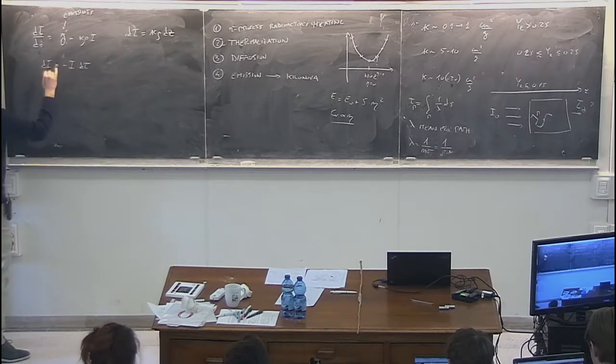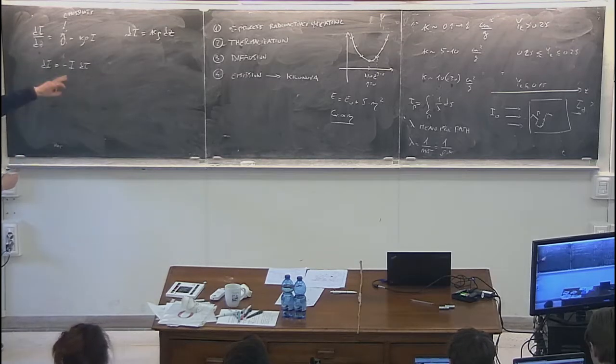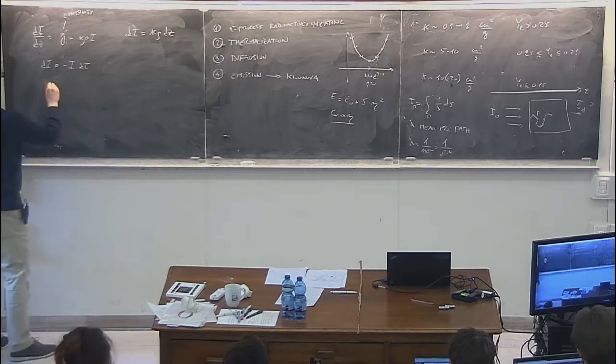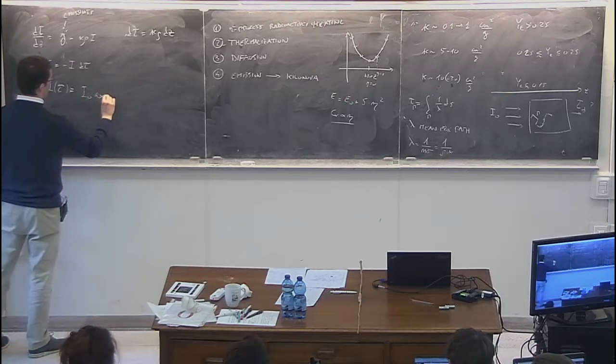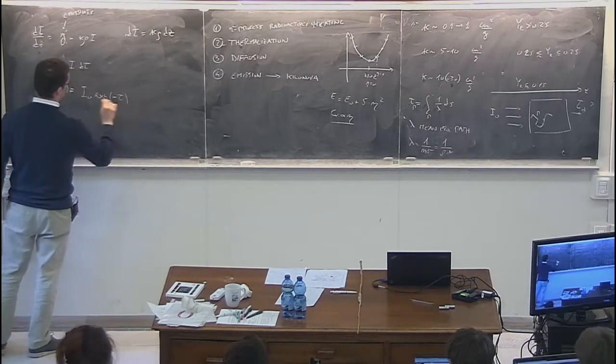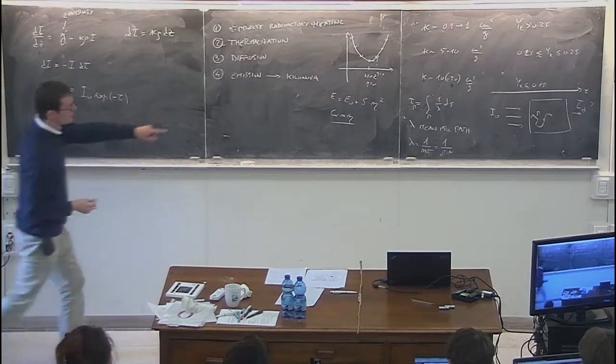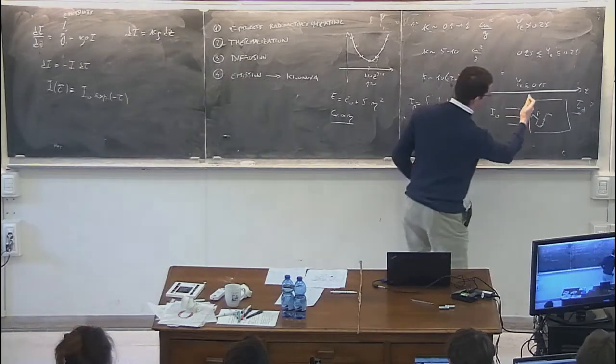So the variation of the intensity depends on the variation of the optical depth. Now I can easily integrate this equation, and it tells me that I at a certain tau is nothing but I0 exp of minus tau. What does it mean? Here, the optical depth is 0 because the gas is not inside yet.